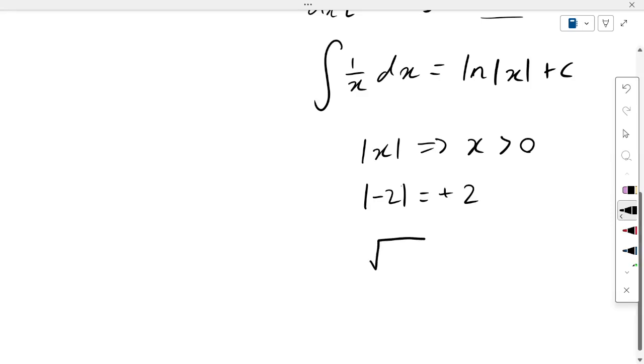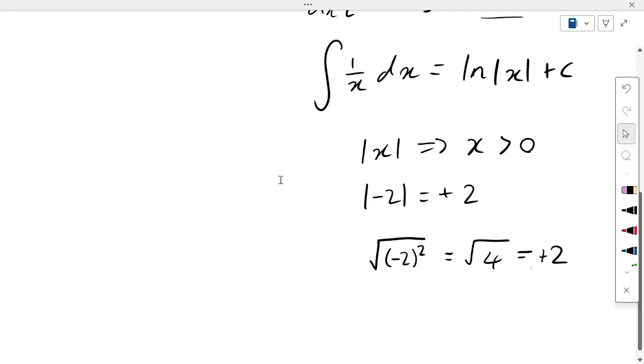The absolute value can also be written as the square root of negative 2 squared, right? It's going to be positive either way because the square is going to affect the inside. This negative 2 squared is just going to be equal to positive 4, and can you see that the square root of that is actually equal to 2? Positive 2. So that's exactly why we put the absolute value.